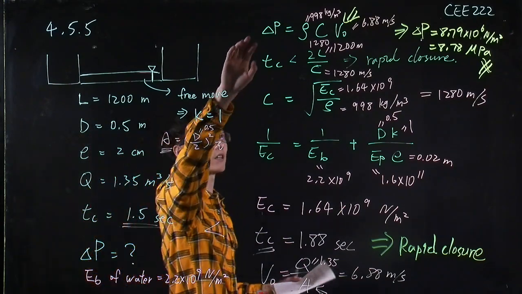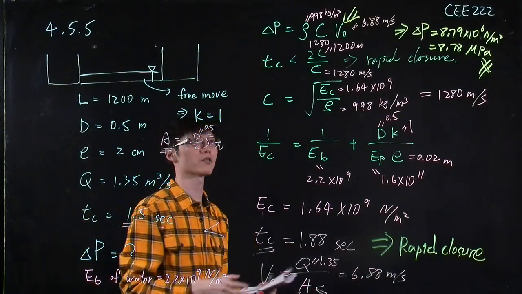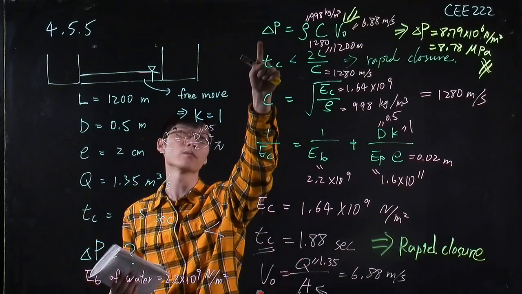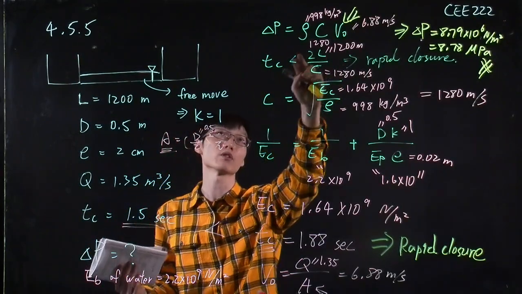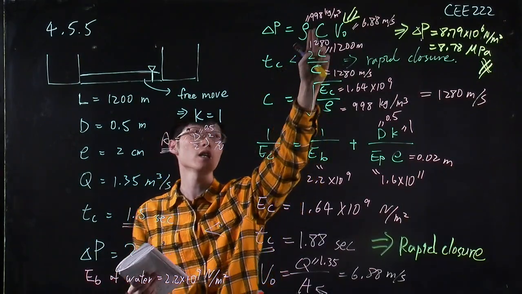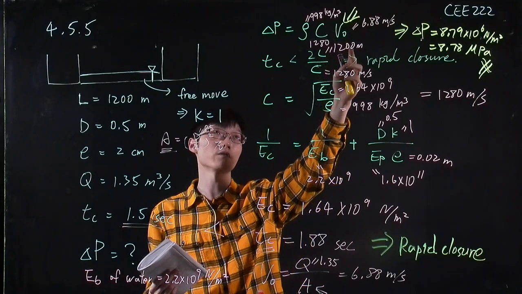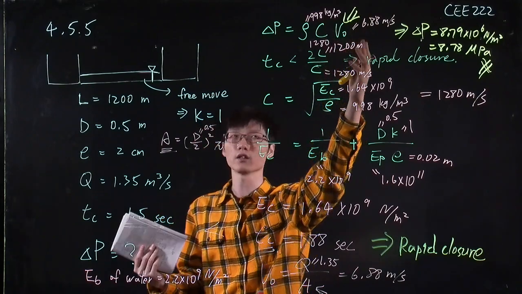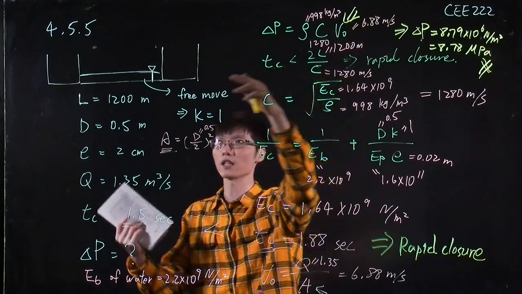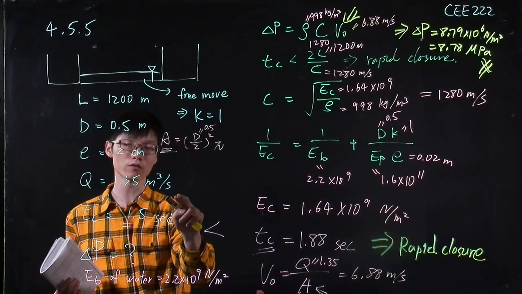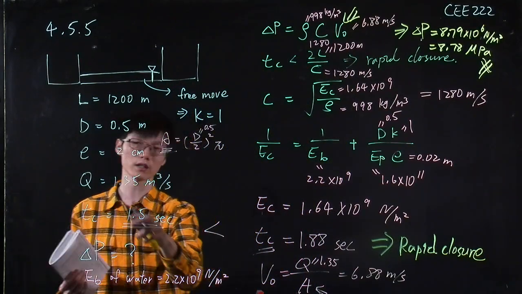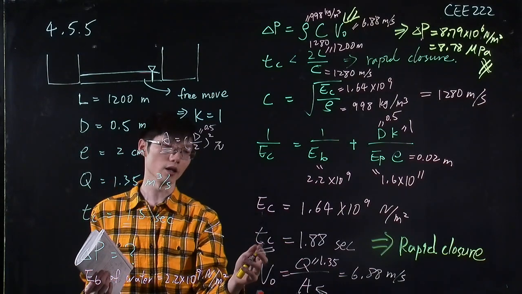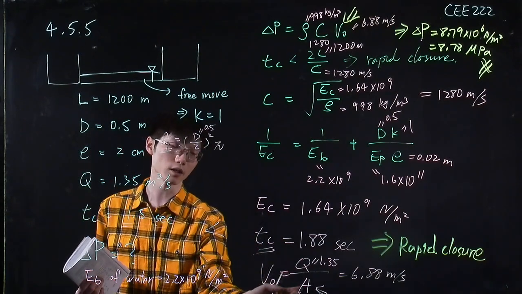Then we can apply these equations to solve the pressure change. Applying this equation is really simple, because you already know the density of the water, you know the speed of the pressure wave, and now you can calculate the velocity inside this pipeline using the flow rate information, because we know that the flow rate is equal to the velocity times the area.